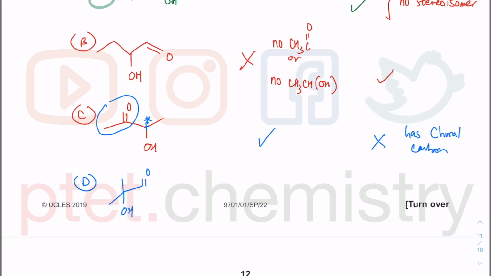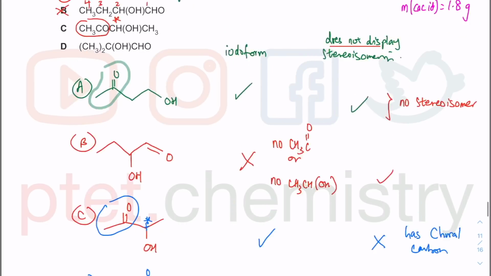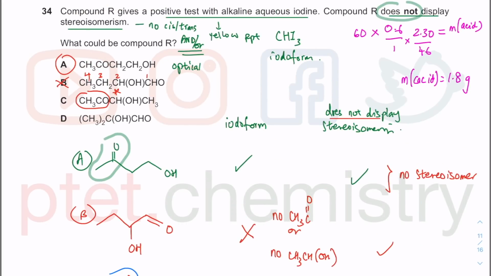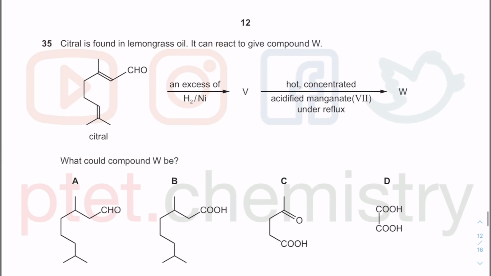So here, I do not have CH3CO. I do not have CH3CHOH. So again, no iodoform there. No iodoform, but you want positive iodoform. So definitely A was already the only answer. I was just going through the rest to convince that they are definitely not the answer there.